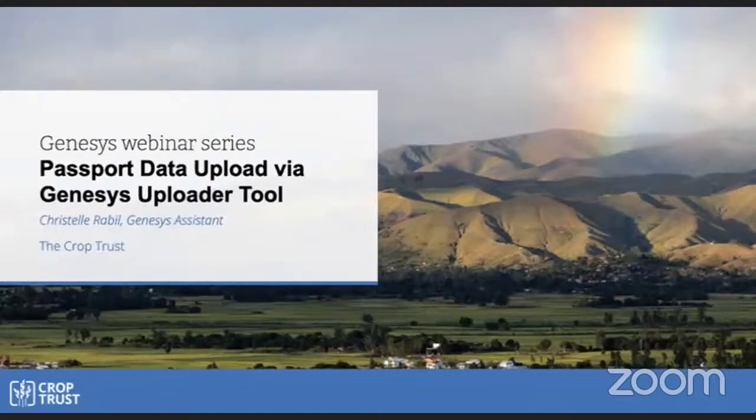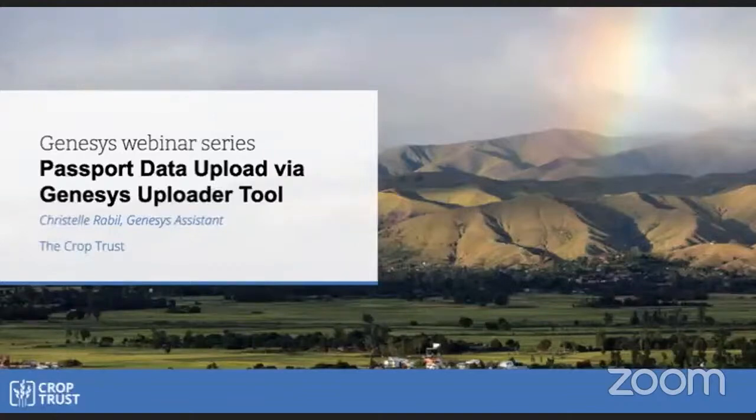We will start first by downloading the Genesys Uploader in its latest version, version 2.2. If you are a partner who already has the uploader, please make sure that you are using the latest version. And if you are a new partner, then this demonstration will help you install it and get started.